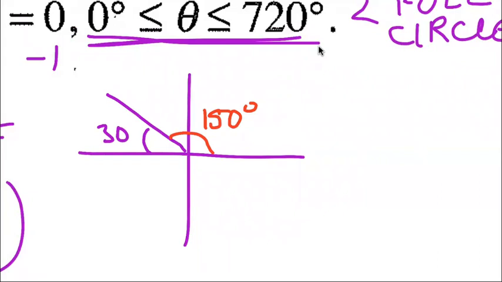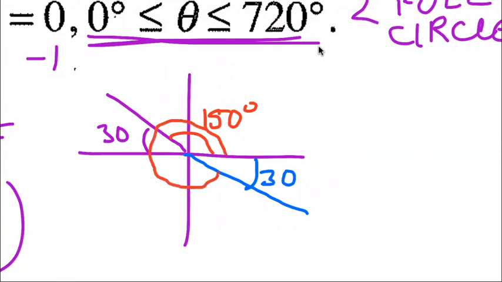And in quadrant 4, I'll do this in blue. Quadrant 4, I have a reference angle of 30 degrees. My rotation angle, through to here, is going to be 330 degrees. That's in one full circle.